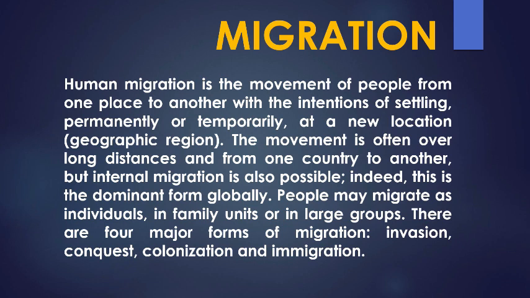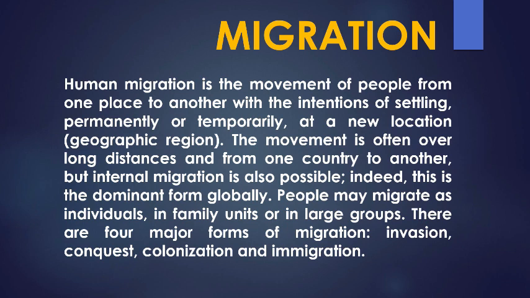If people choose to move, it's voluntary migration. And if they are forced to move for any reason, it's involuntary migration. Over the years, India has witnessed waves of both immigration and out-migration.